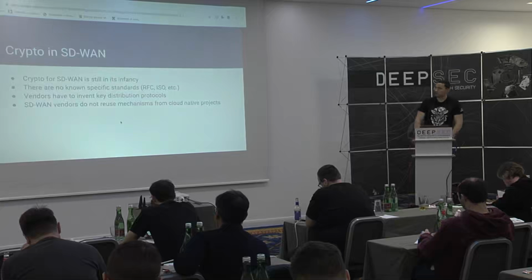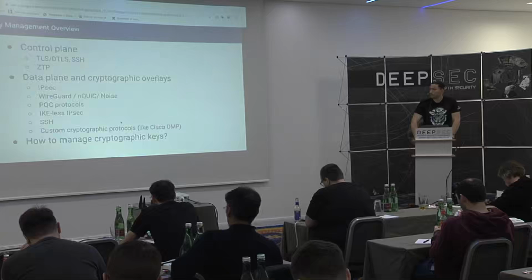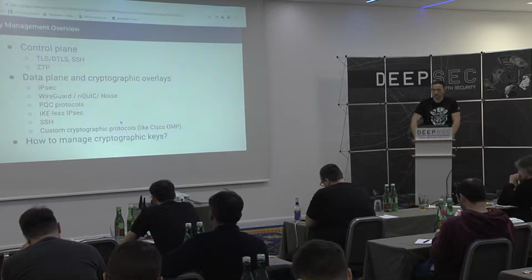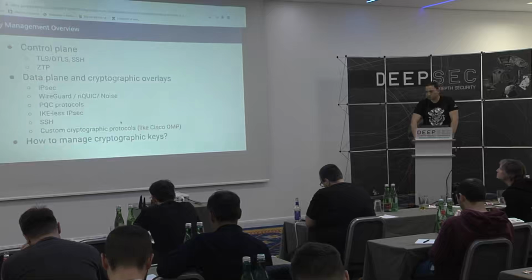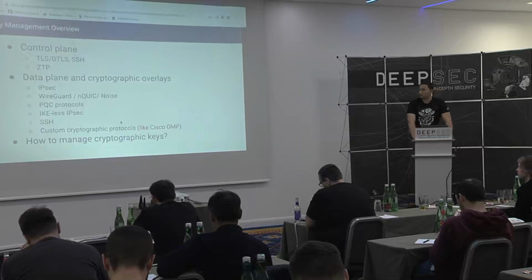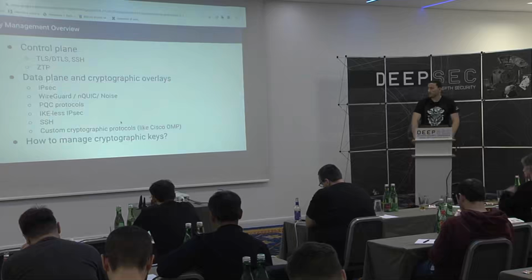And there are many problems in SD-WAN from a cryptography perspective. The main problem is that SD-WAN vendors have to invent or reinvent cryptographic protocols to govern cryptographic keys. There are many different protocols that SD-WAN vendors use.